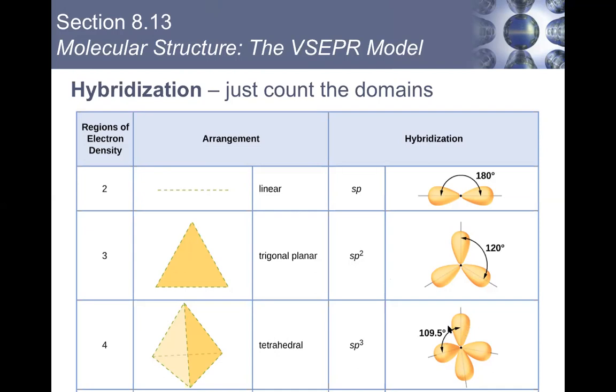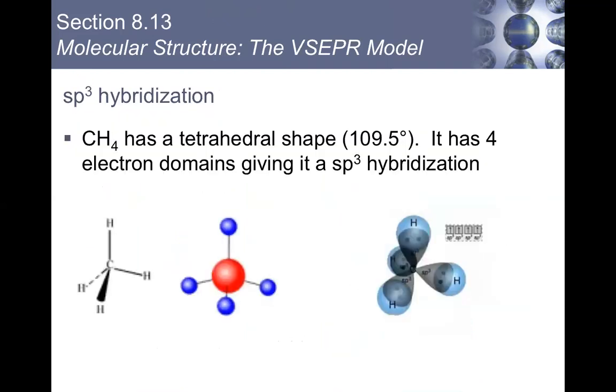Down here, the first one's always an S, then a P, and a P. How many P's is that? 3. So we call that SP3 hybridization. That's it. That's hybridization. They made it sound really confusing. It shouldn't be.